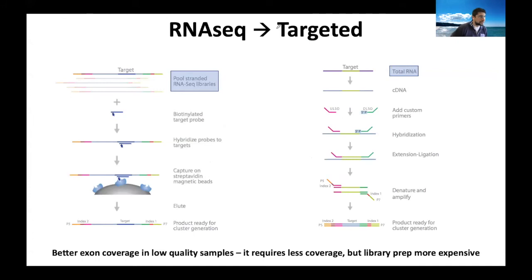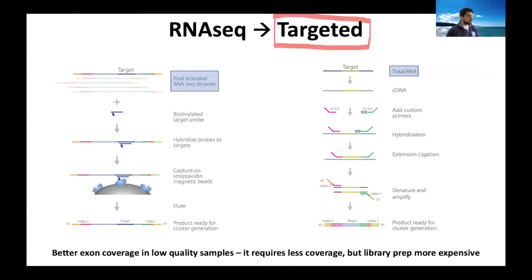So this approach is a targeted approach. You remember yesterday we discussed the targeted DNA application, and we used the targeted DNA approach to introduce the UMI because we needed to perform a lot of additional PCR cycles, and the idea is exactly the same.